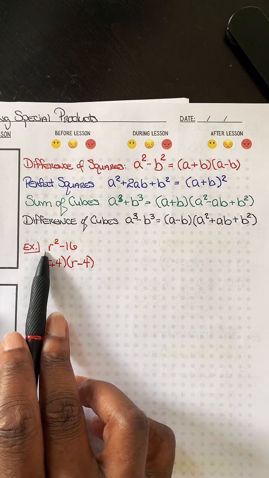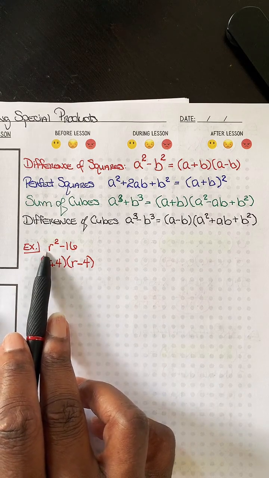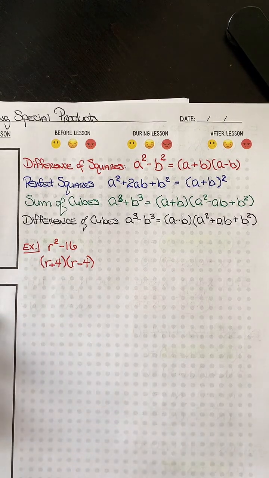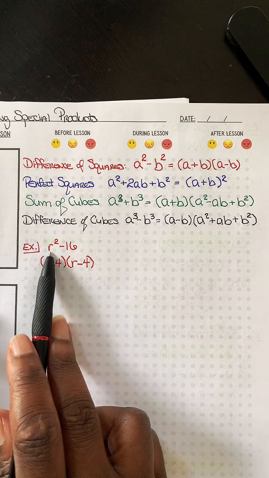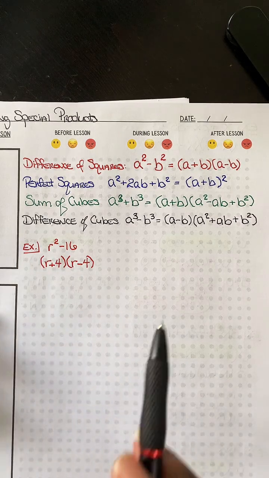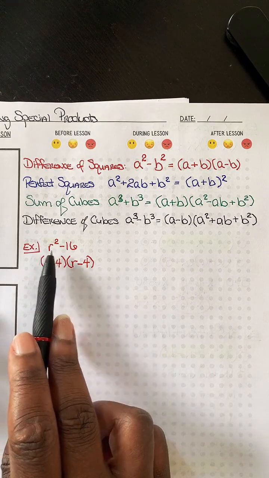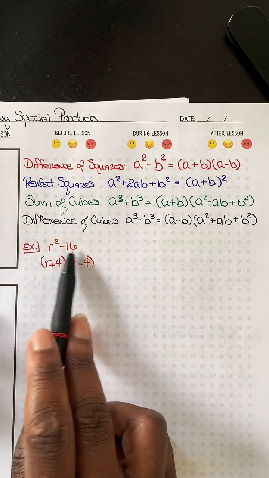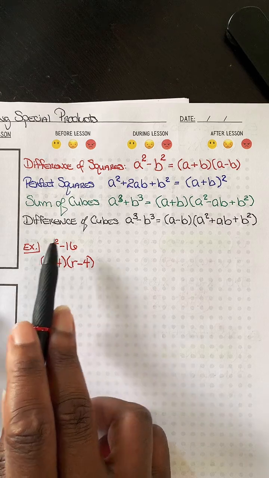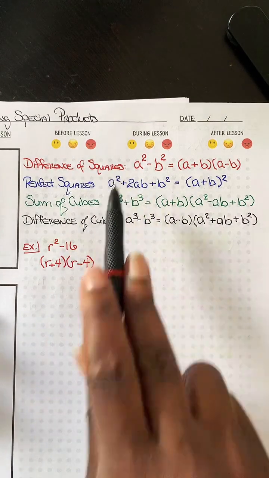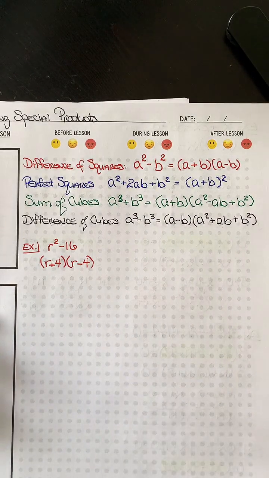The coefficient of that r squared is a 1. And remember, r squared, that's a square too, because it's r times r. So we're doing difference because it's subtraction. And the reason why we say of squares is because my r squared is a square and my 16 is also a square. Okay.